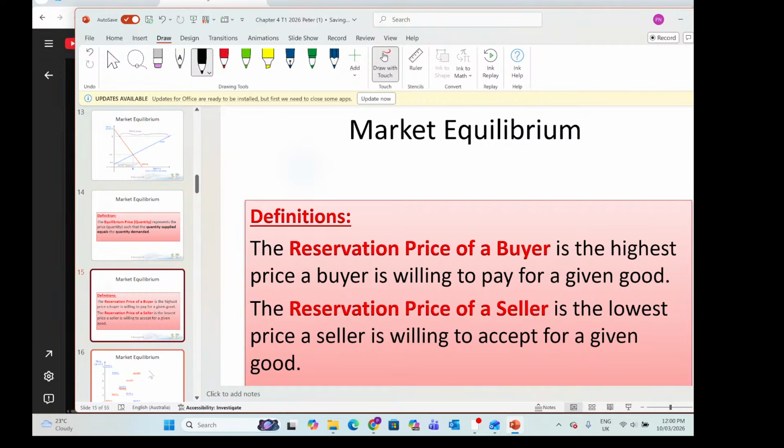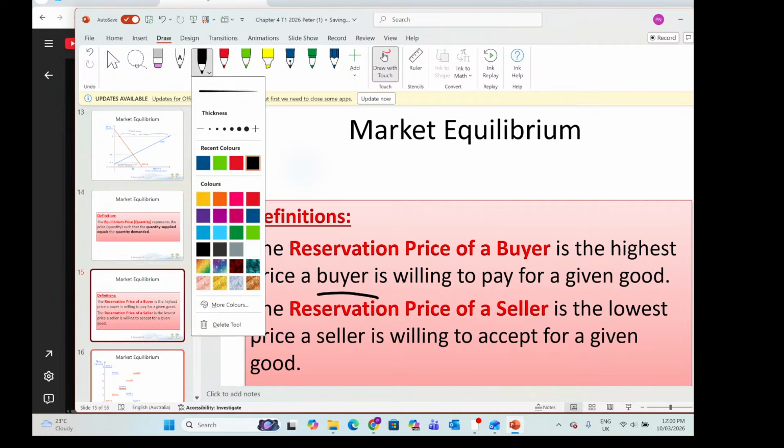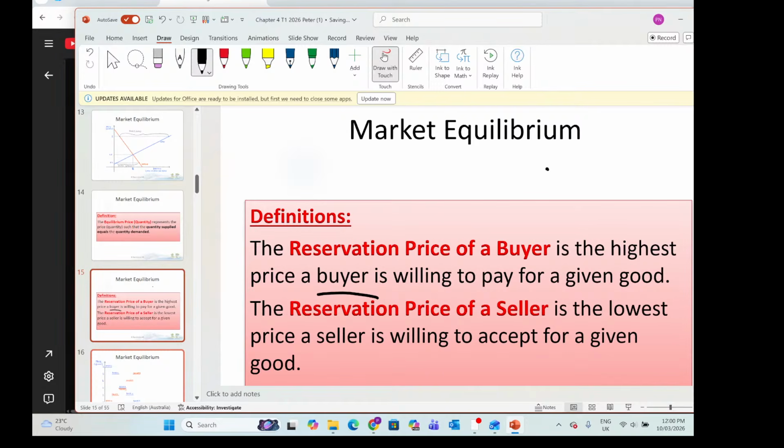In the case of a buyer, the reservation price is the highest price that the buyer is willing to pay for a given good. It's not the price that they do pay, it's the price that they're willing to pay. I'll bring up the diagram in a minute to illustrate a bit more clearly what I mean.